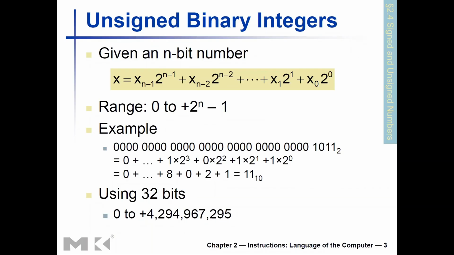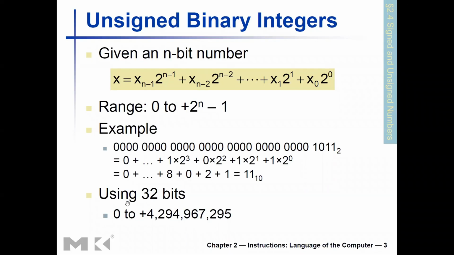The binary representation of 11 will be 0 0 0 0, and the last 4 bits will be 1 0 1 1, and when you apply the calculation, you will get the decimal number 11. Using 32 bits, you can go up to 2 to the power 32 minus 1, and that number is this one. This is 4 billion something, which is a very large number.